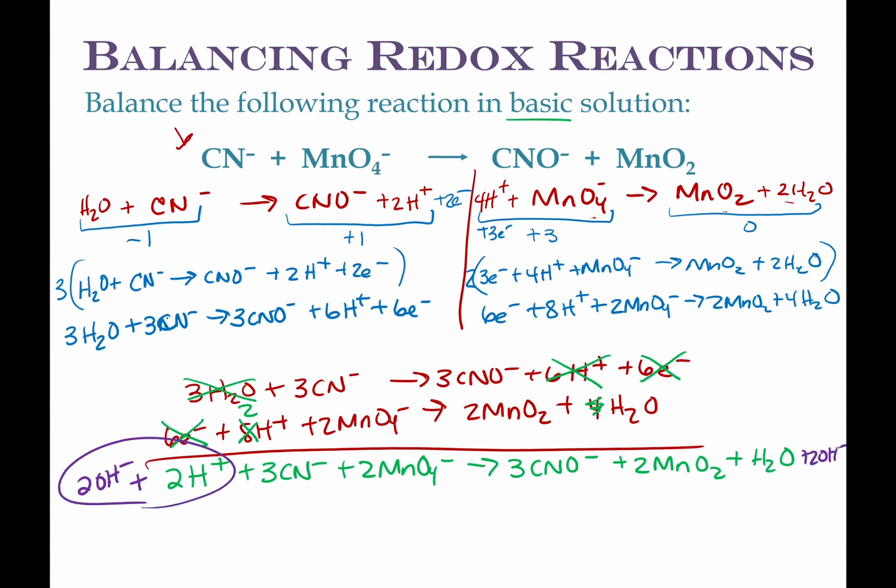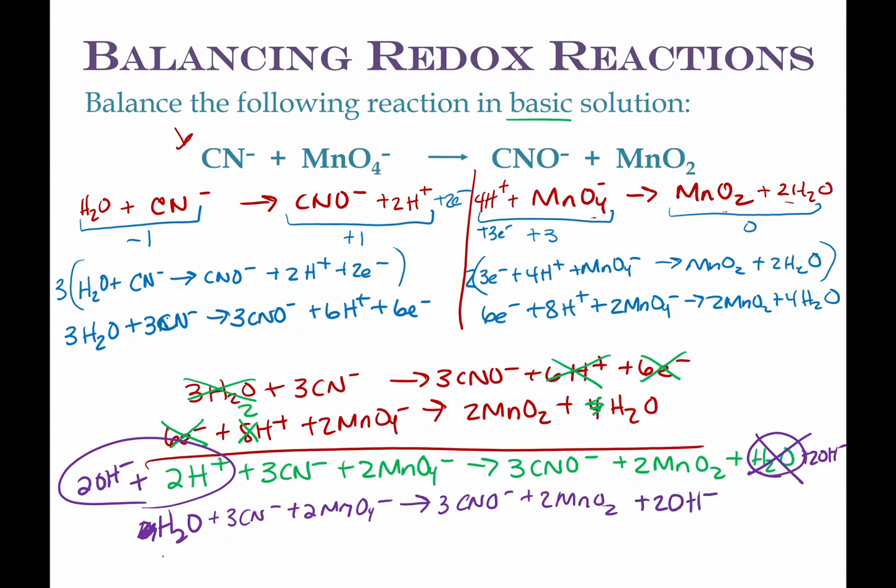So here, that's going to make 2 H2O plus 3 CN- goes to 3 CNO- plus 2 MnO2. I have a water here that's going to subtract and make that 1 water because they're on different sides, so that one crosses out. And I'm going to be left with plus 2 OH-. So that is our final answer.